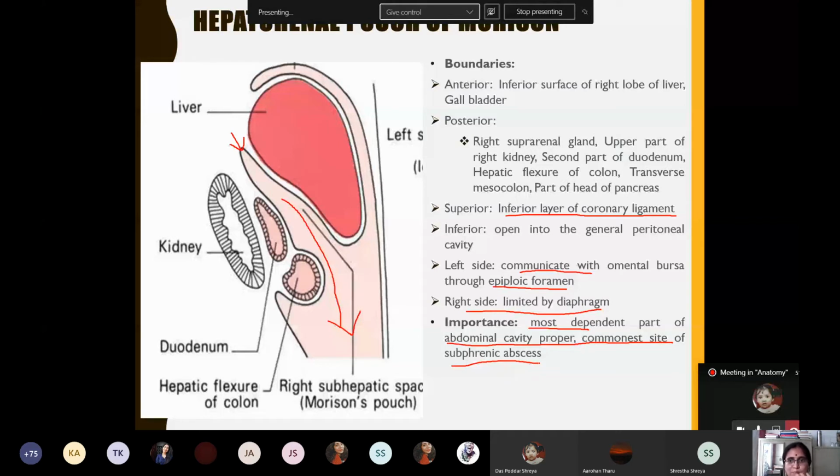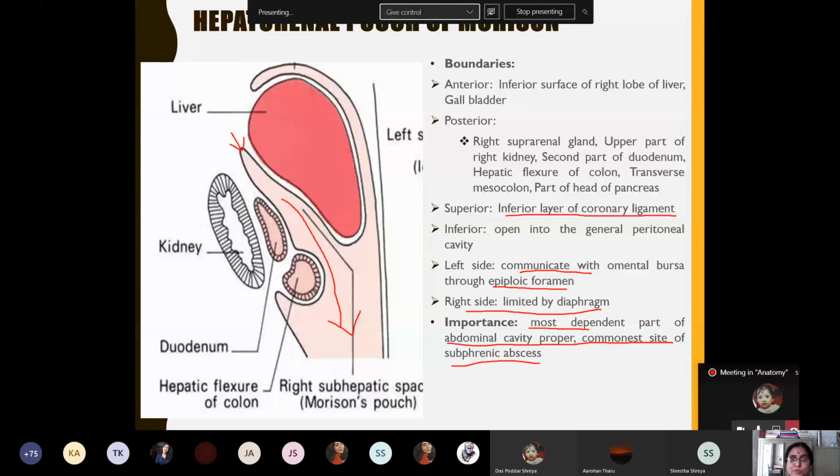So this is the importance of the hepatorenal pouch of Morrison. Focus on the name. Hepato means liver, renal means kidney. A pouch between the liver and the right kidney posteriorly.